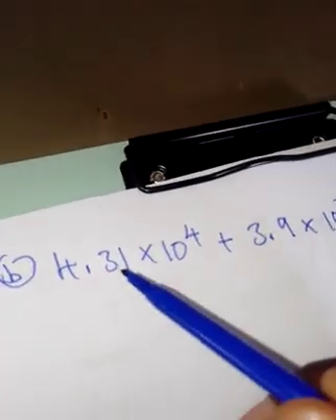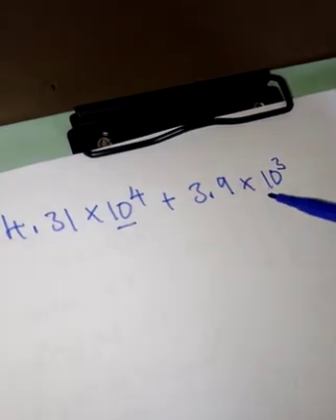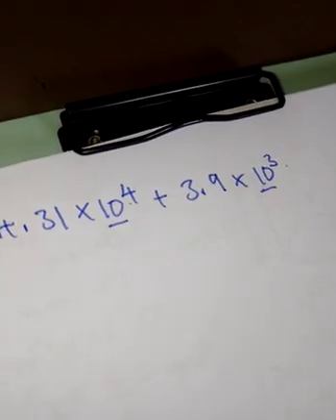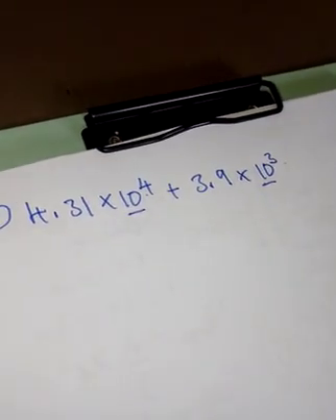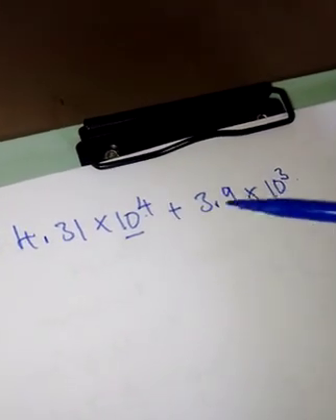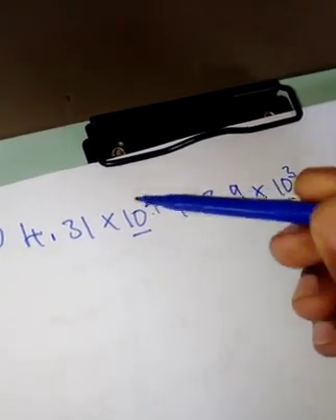The first thing, check if the powers on these 10s are the same. There is power 4 there, power 3. The powers are not the same. So make sure that the powers are the same. You can choose either to change this one to power 4 or to change this one to power 3.